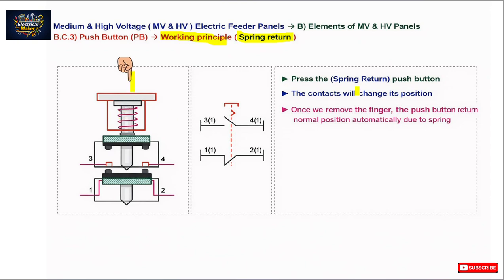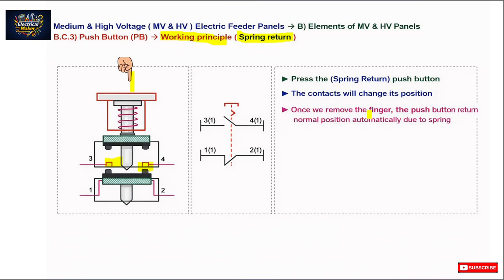After pressing, the contact will change its position. As you can see, this contact will change NO to NC, NC to NO. This is a terminal diagram of a spring return. Here it is now open, here closed. It will become NO to NC, NC to NO.